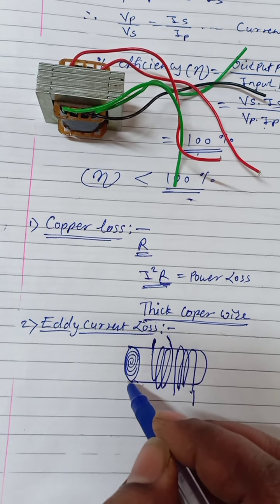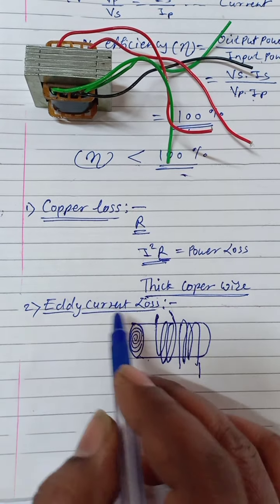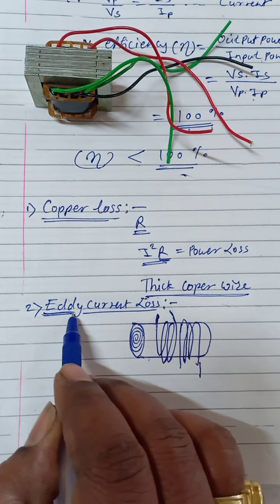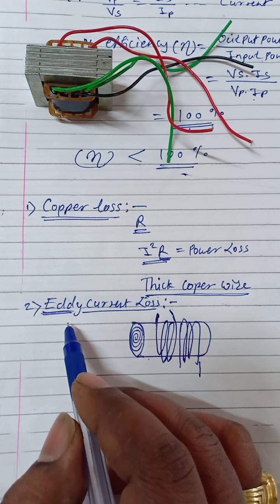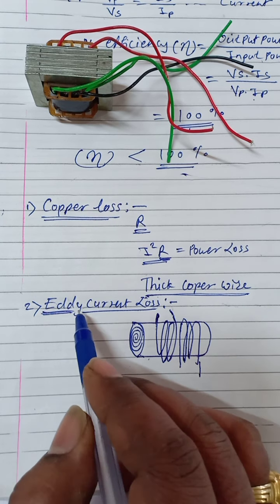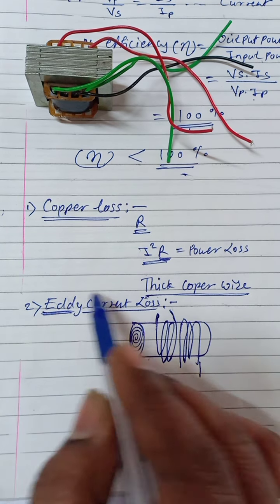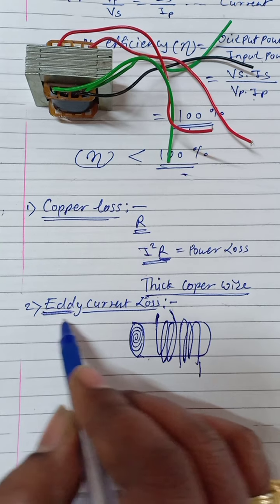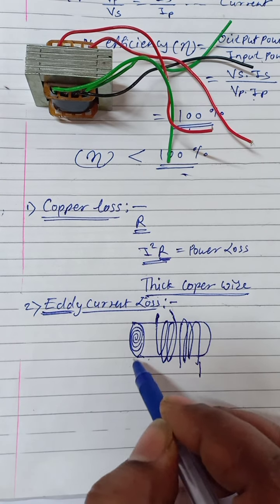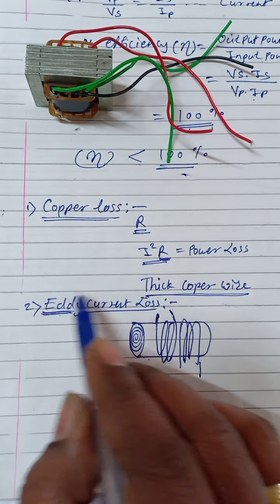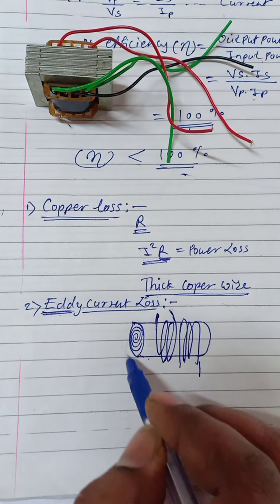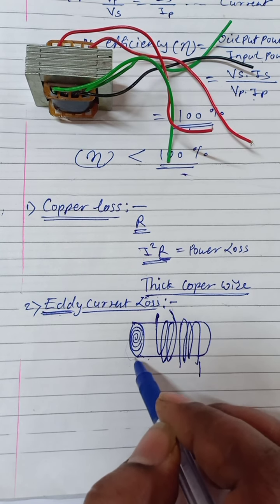It is a circulating current which is called eddy. Eddy means eddies in the water, the whirlpools in the water. Such a type of rotating current is generated in the core.